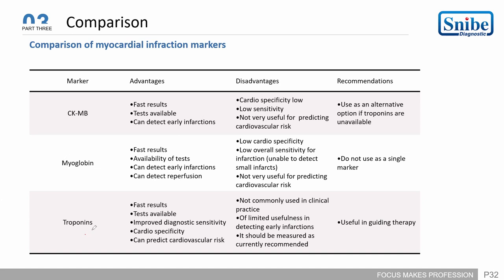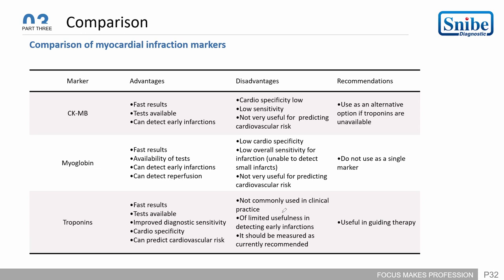If we talk about the troponin, these are useful in the guideline therapy according to the American Heart Association. They have fast results, and the test menu is available. They have a diagnostic sensitivity improvement plan. The cardio specificity is more reliable in troponin I versus troponin T, and it also acts as a predictor for cardiovascular risk factor analysis.